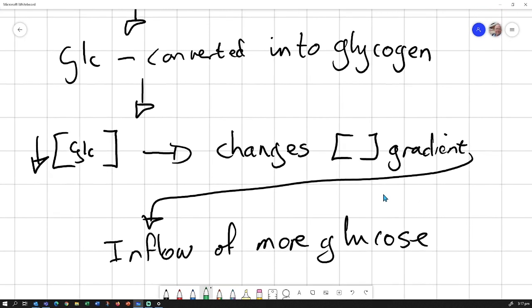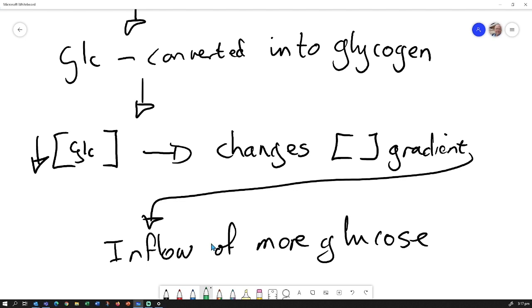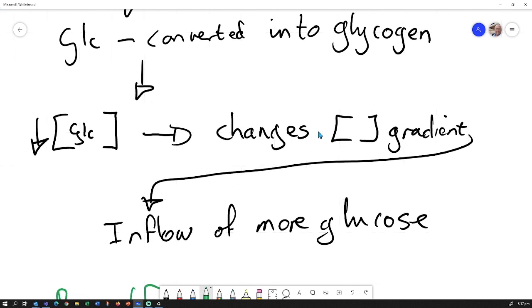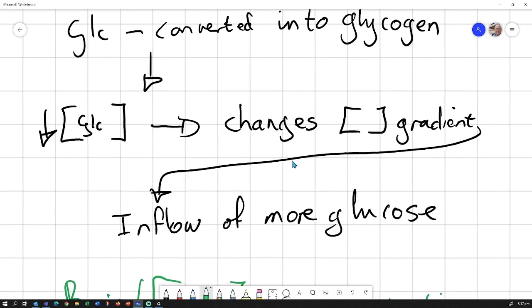So now the glucose flows into the liver cell, and then glycogen synthase comes and takes the glucose and builds more glycogen, and the concentration drops again, and that is how the concentration gradient helps the glucose to move into the cell.